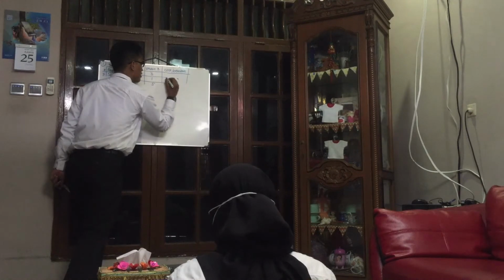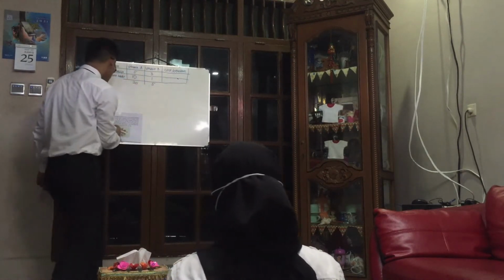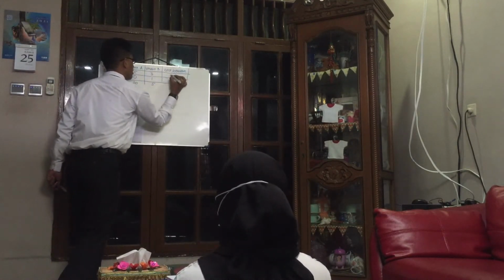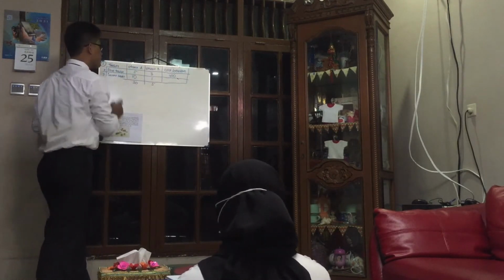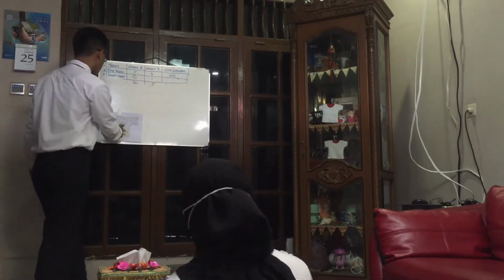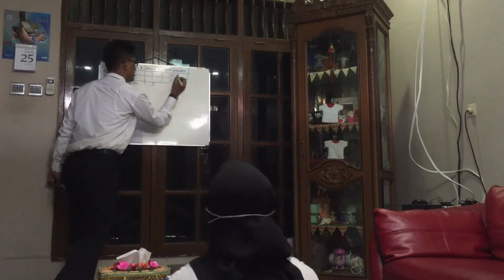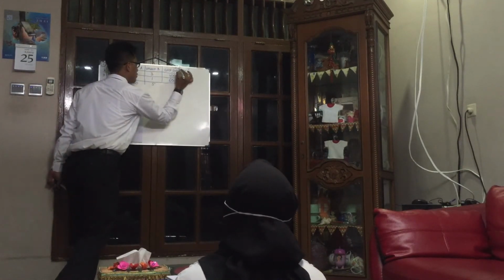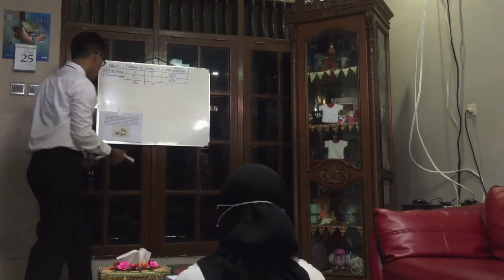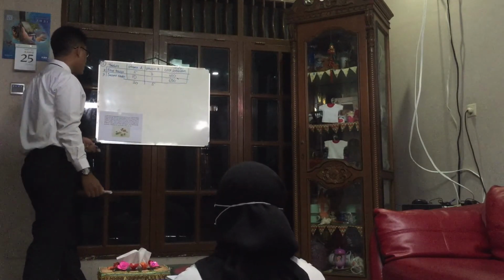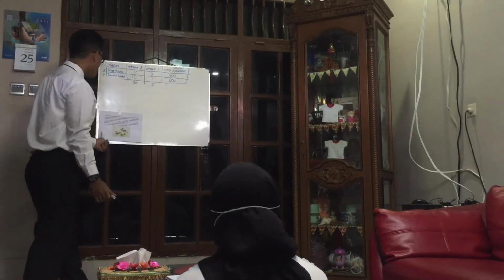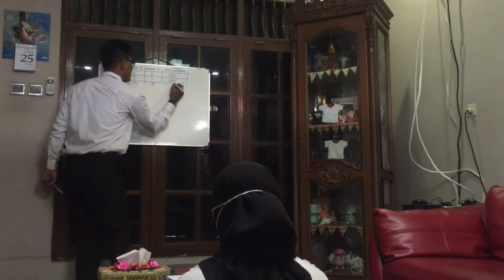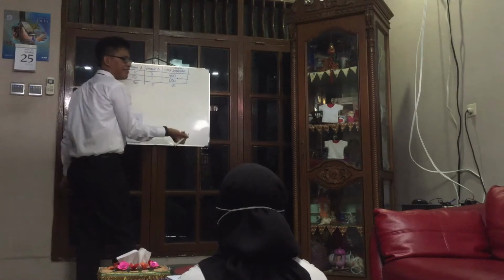The cost is 400 rupiah per seat for the first tablet, and the second tablet is 600 rupiah per seat. This is in rupiah. Determine the minimum expenditure for purchasing tablets per day. So the answer for minimum expenditure we can write as Z right here.